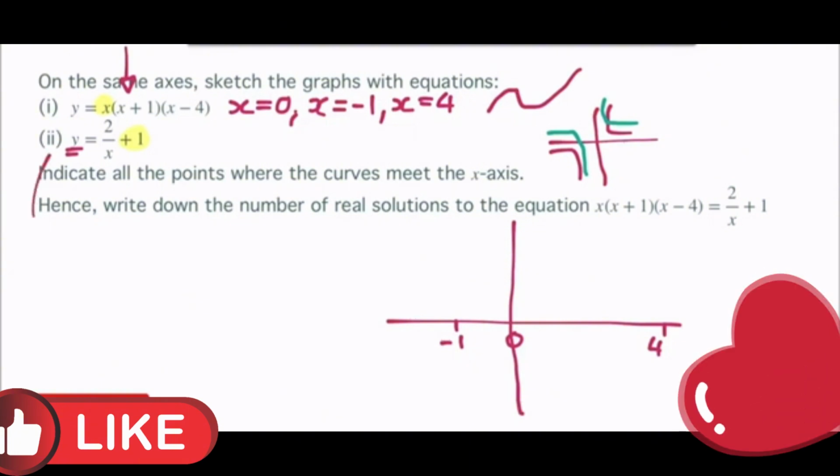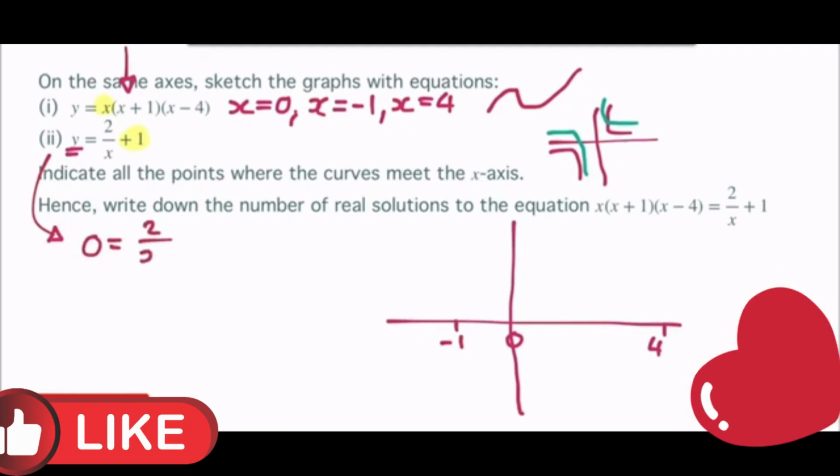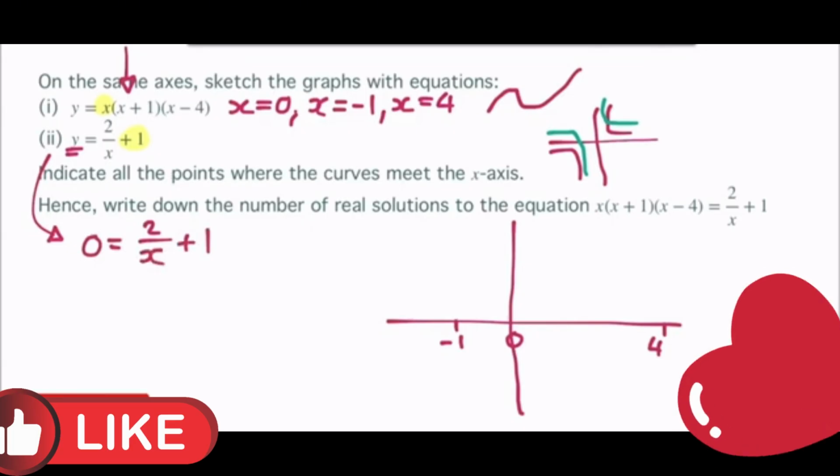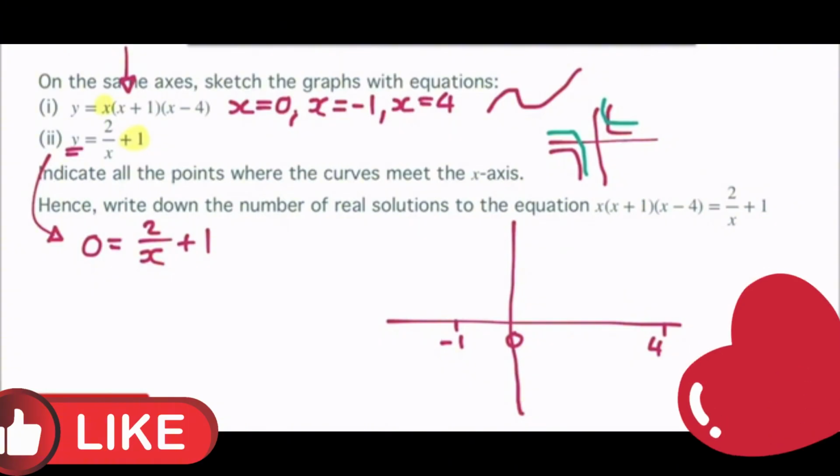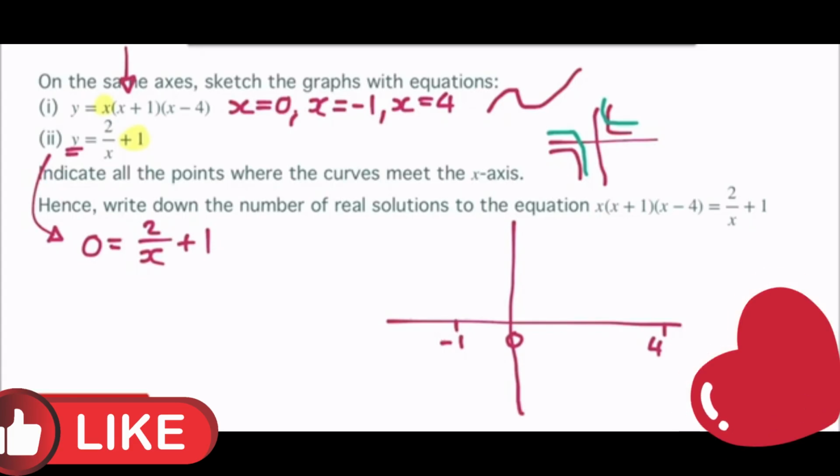So if we sub that in, let's do that down here, we get 0 equals 2 over x plus 1. And just remember, the reason I'm doing this is because any position on the x-axis, the y-coordinate is 0. So if we sub that in, now we just need to solve it. Not the nicest one to solve, just because we have a little bit of movement to do.